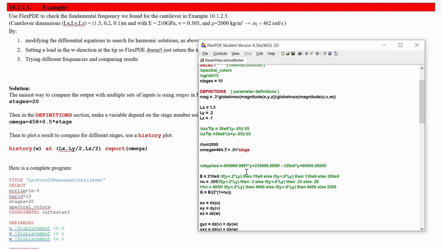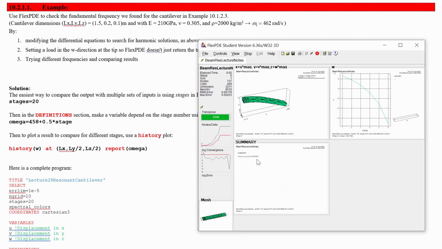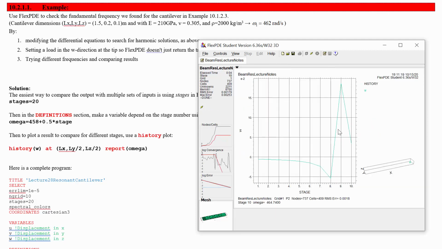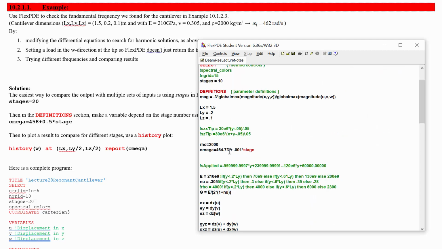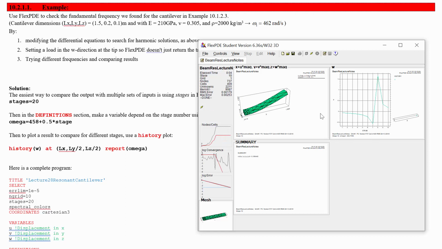So between 3 and 4, and now it's on the order of 10 to the minus 3. Between 8 and 9 looks like the most now. Hit insert. There we go. Okay, now we have around resonance 1.6 meters of displacement.